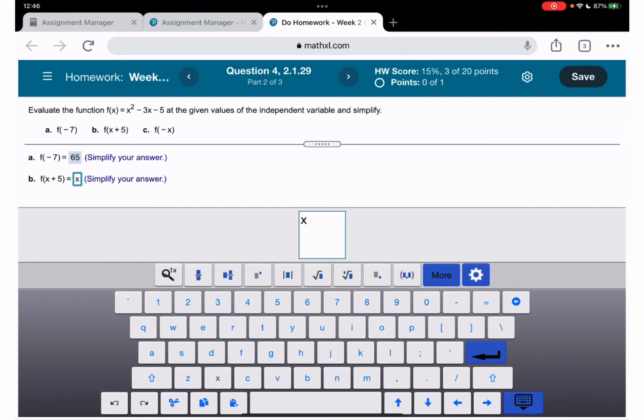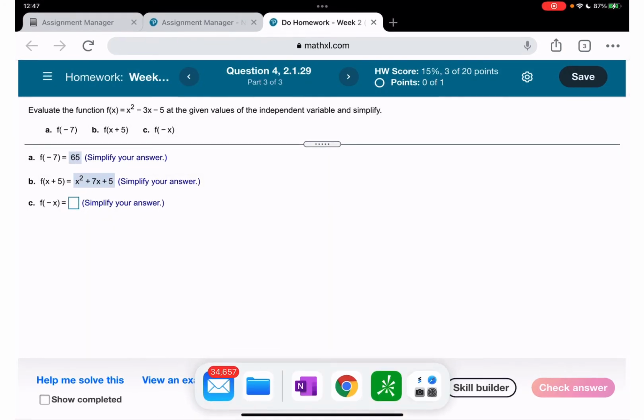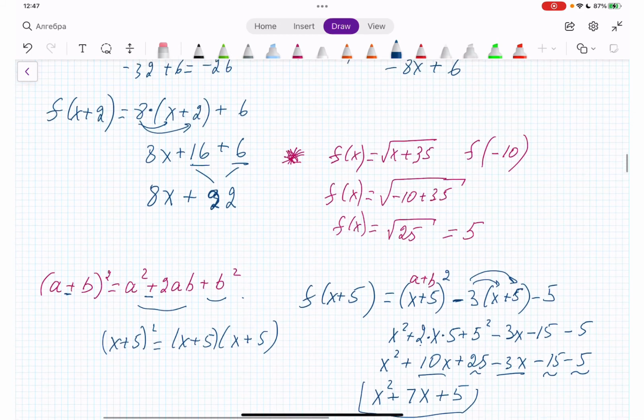So x squared plus 7x plus 5. Nice work. And lastly, we need to plug in negative x. So, where is our original problem?